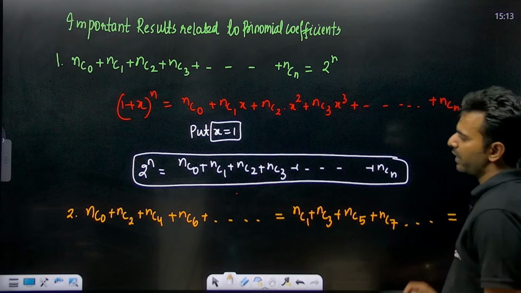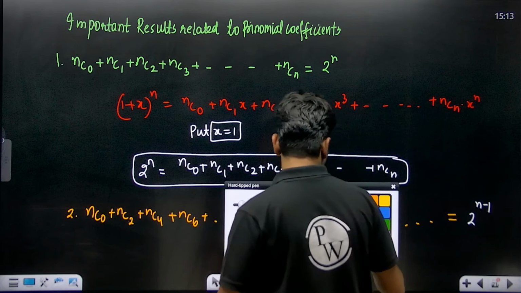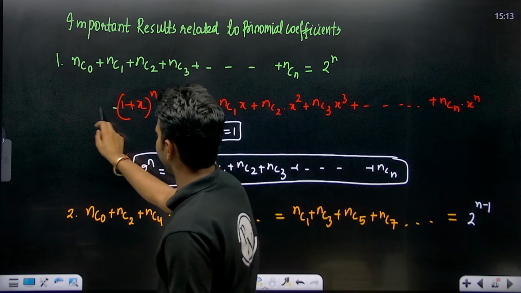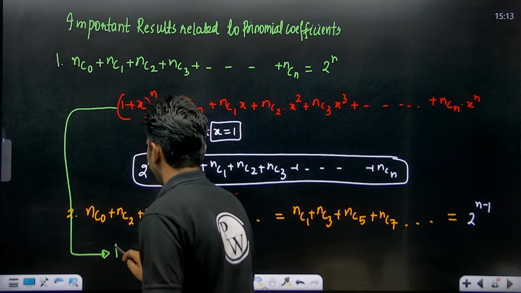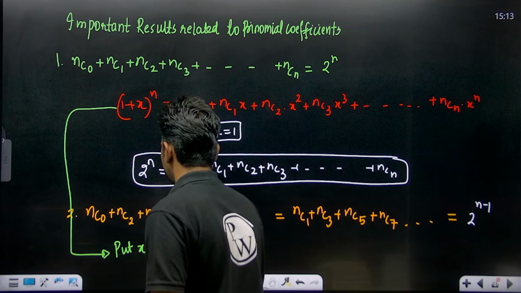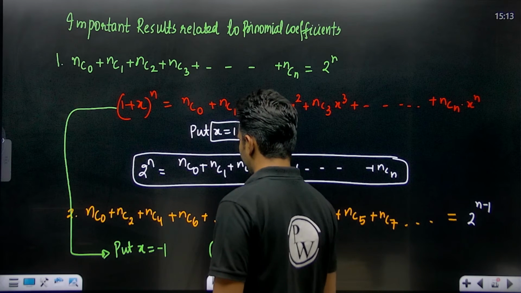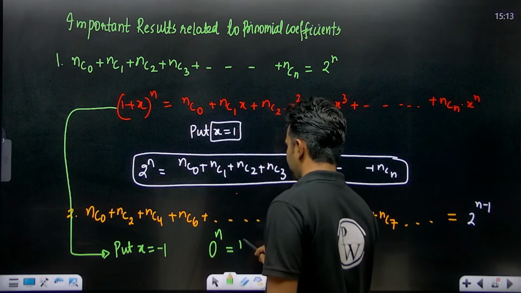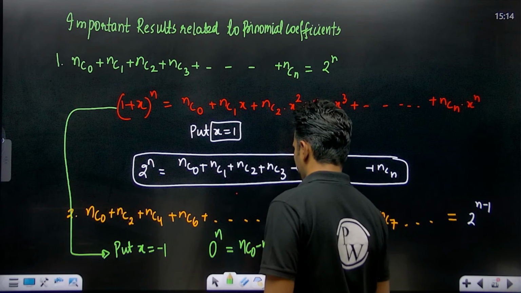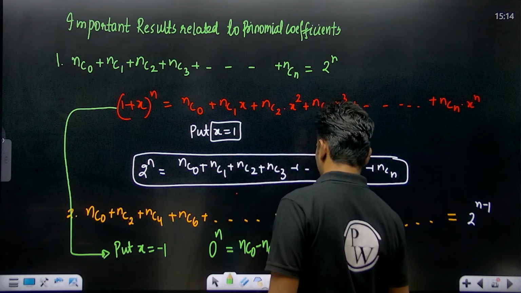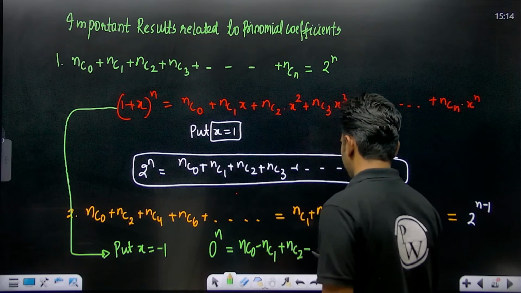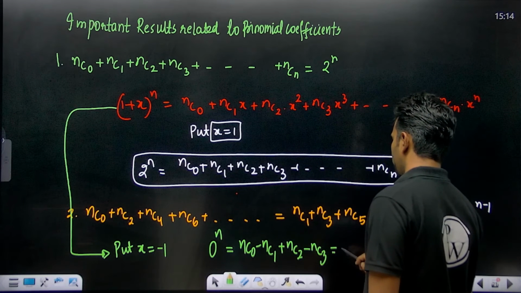Why? Because you can understand, let me give you this particular thing first. If inside this we put x equal to minus 1, then on the left hand side it will become 0 to the power n, which is equal to nC0 minus nC1 plus nC2 minus nC3 and so on.